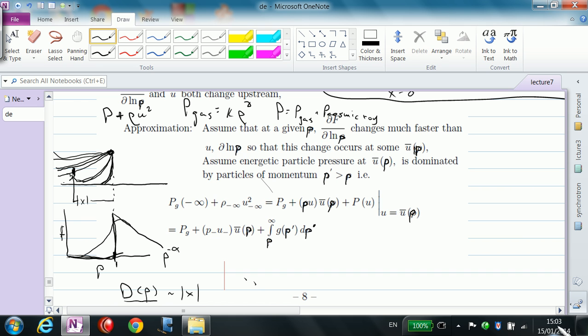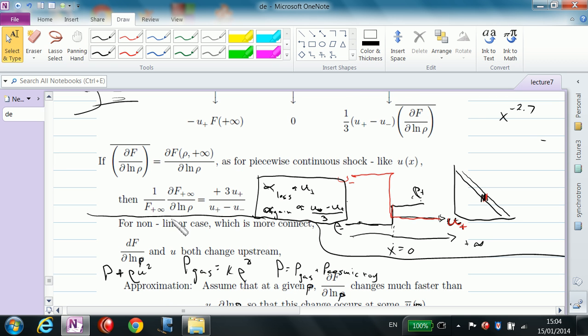The closer it gets to the shock, the stronger the pressure, because more particles are included. If you're way out here, there's less particle pressure, and as you get closer to the shock, this cutoff goes lower, so you end up having more and more pressure closer to the shock. And therefore the velocity difference that the particles feel goes down.